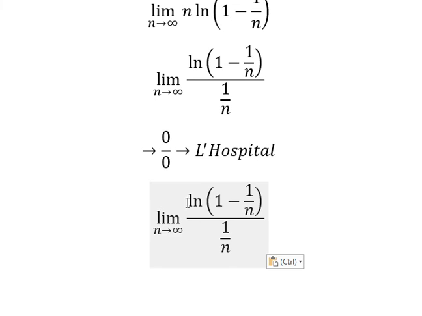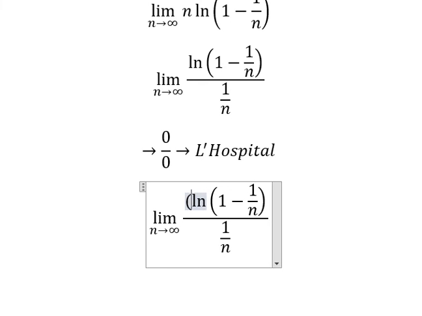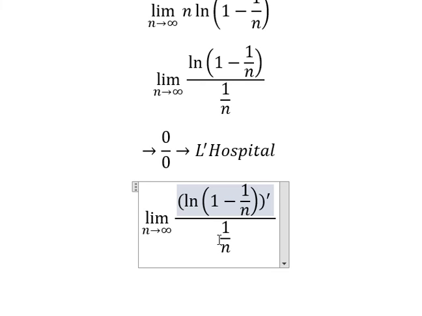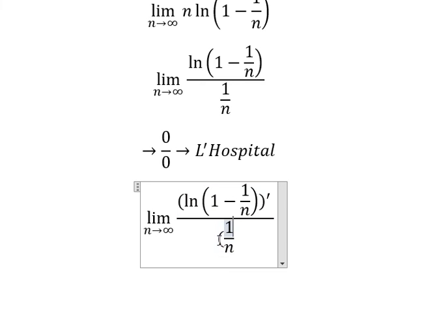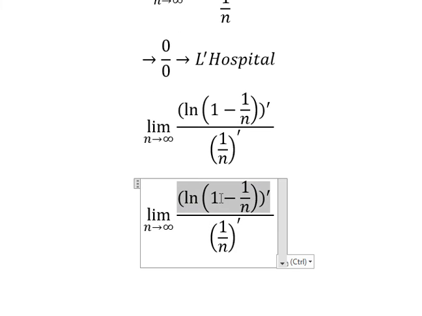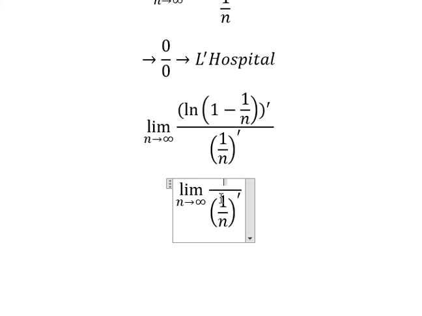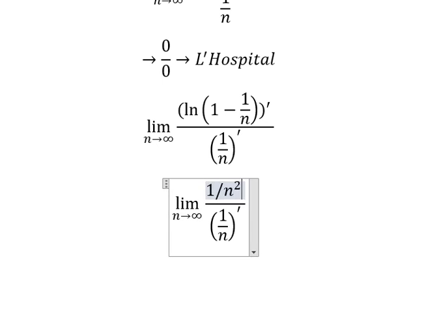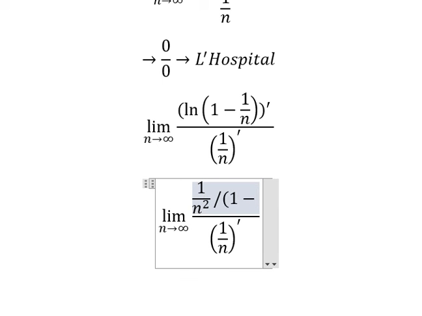So we can do first derivative on numerator and denominator. So this one we have 1 over n squared over 1 minus 1 over n.